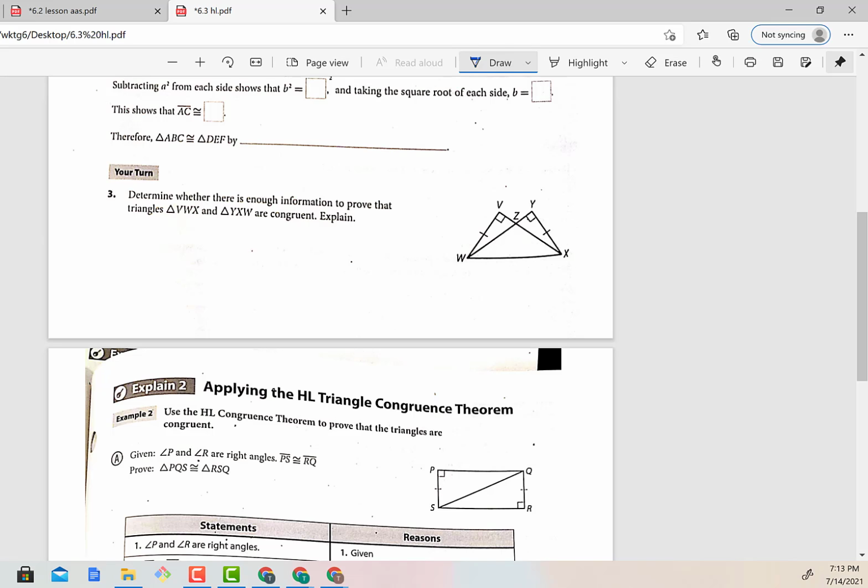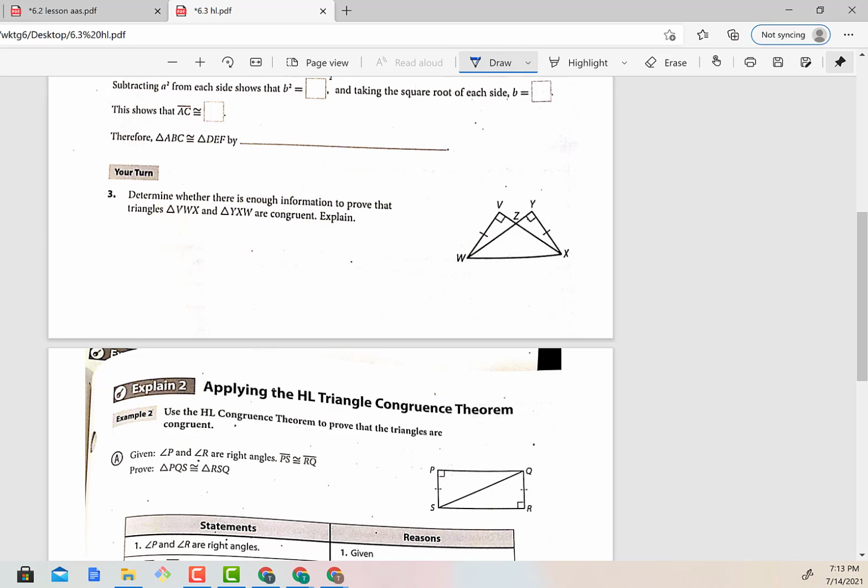So there is a Your Turn at the bottom of the page. It says determine whether there is enough information to prove that triangle VWX and triangle YXW are congruent. Explain. So I'm going to give you a second to look at this diagram.